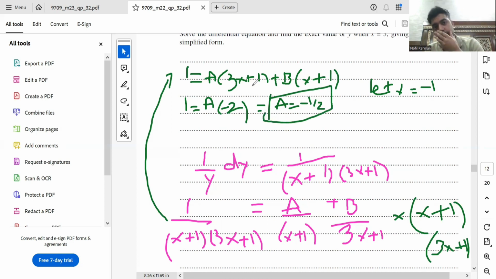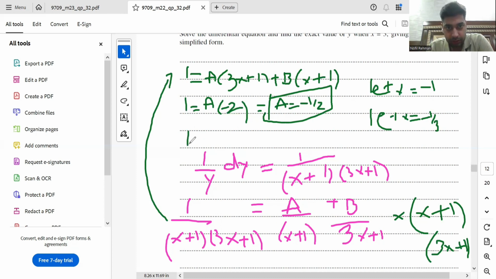Similarly for B, I would have to make A go to 0. So this bracket should turn to 0, which happens at x equal to minus 1 over 3, because minus 1 over 3 multiplied by 3 would be minus 1, plus 1 would become 0. So let x equal to minus 1 over 3.